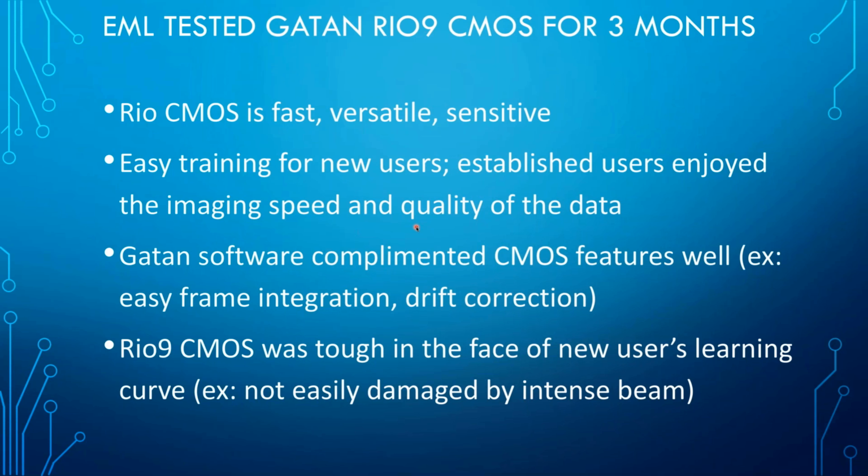That means our equipment has to be tough and able to withstand a little bit of mistreatment, and the Rio was a champ. I walked in on a few users who were blasting the full beam of our EM on the Rio, and it was easily able to correct from that, which I was impressed by. Our CCD that we have currently is a little more sensitive, for good reason.